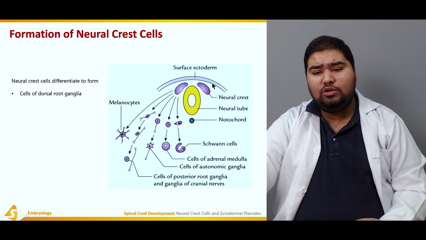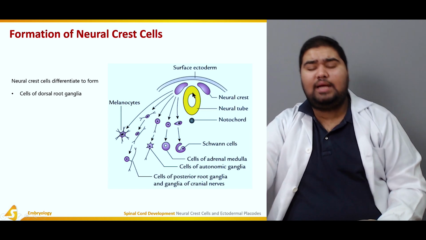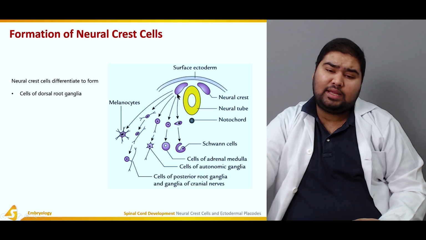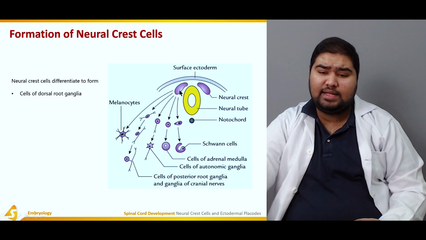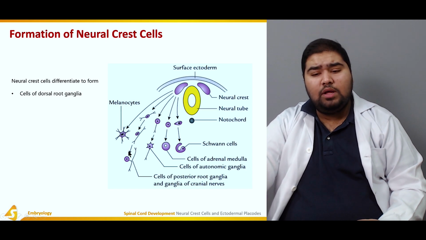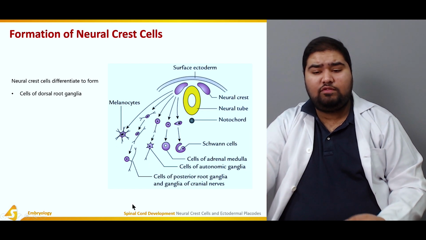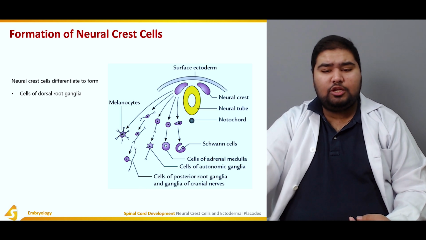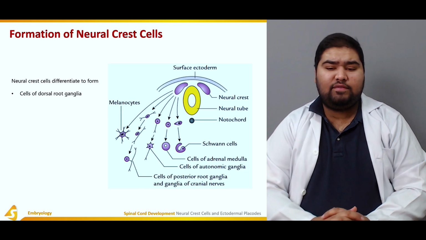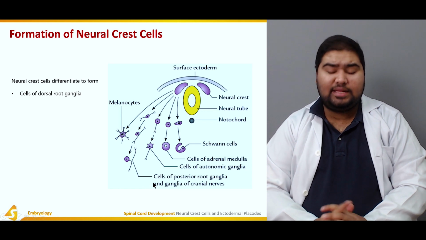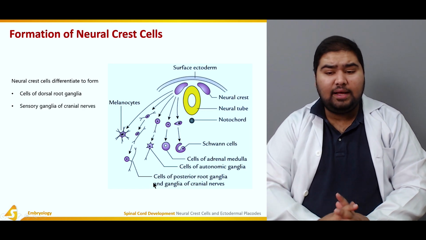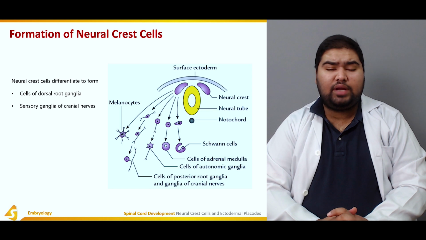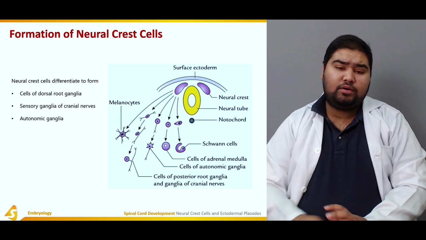These dorsolateral thickenings formed by the neural crest cells give rise to a variety of cells. Among the cells given off by the neural crest cells are the cells of the dorsal root ganglia. The sensory ganglia of the cranial nerves are also formed by the neural crest cells.